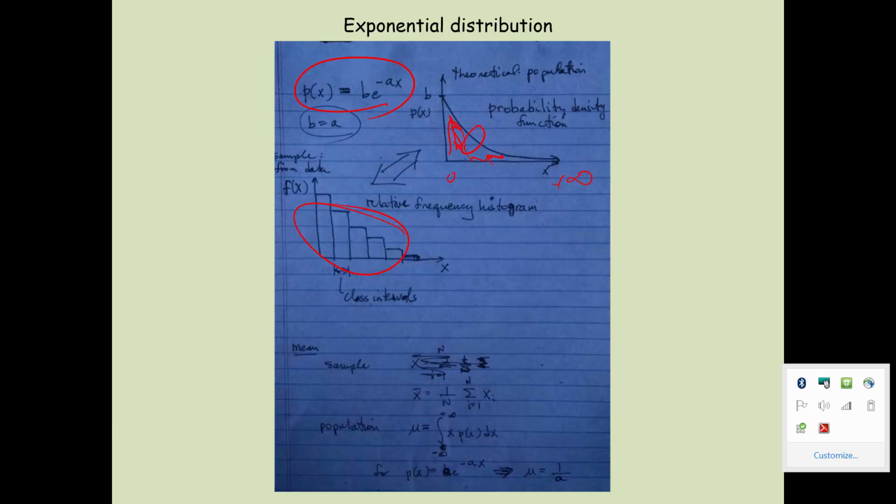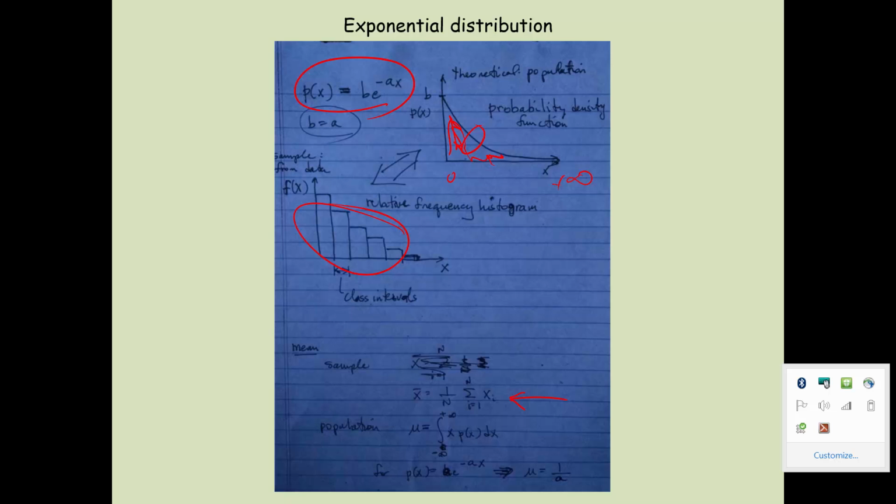If it looks like that, I would be pretty sure that the probability distribution function would be an exponential distribution function, because you can see that the relative frequency decreases as we go from the left hand side to the right hand side.